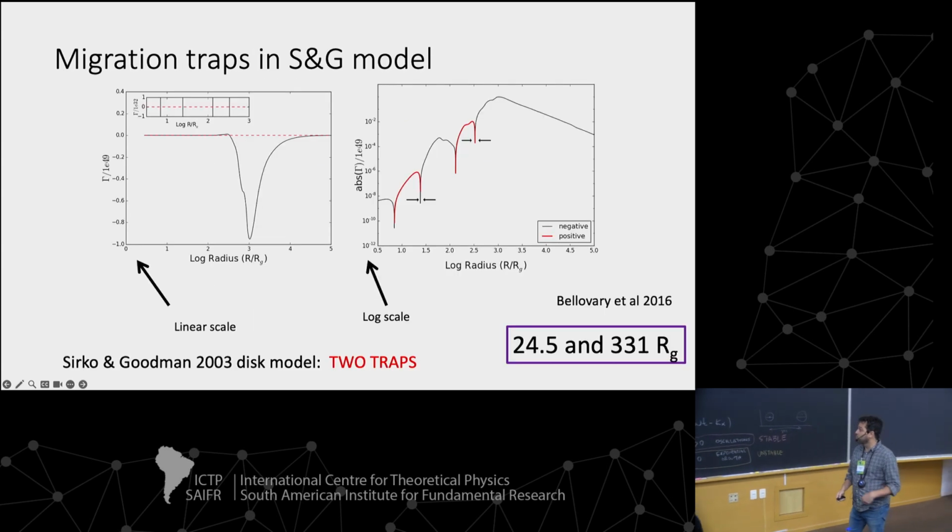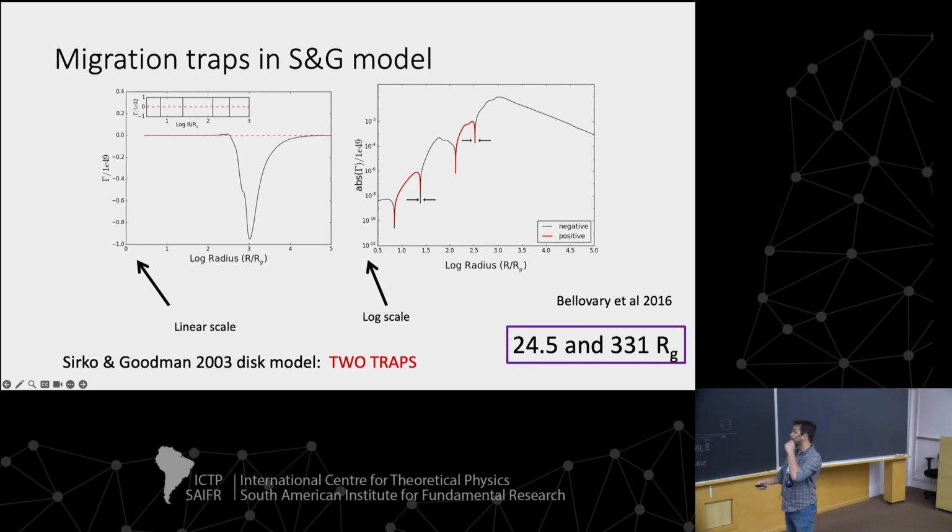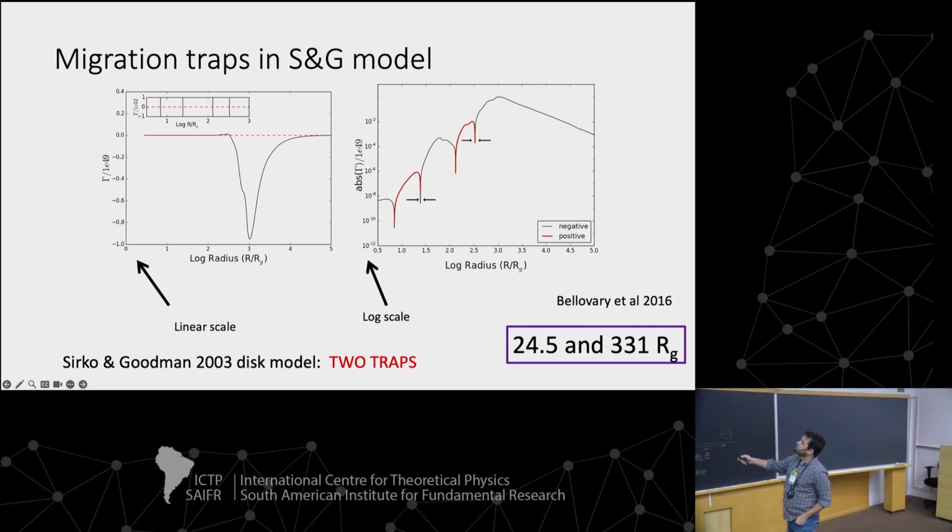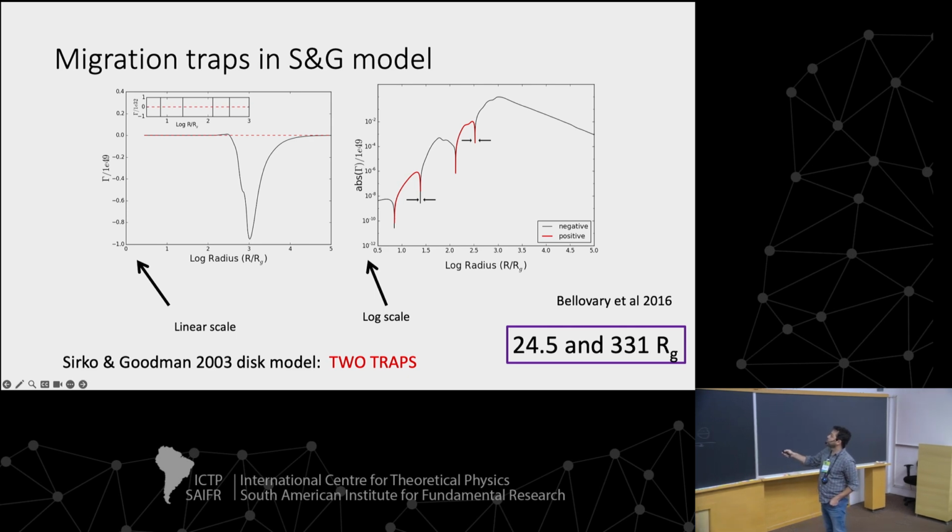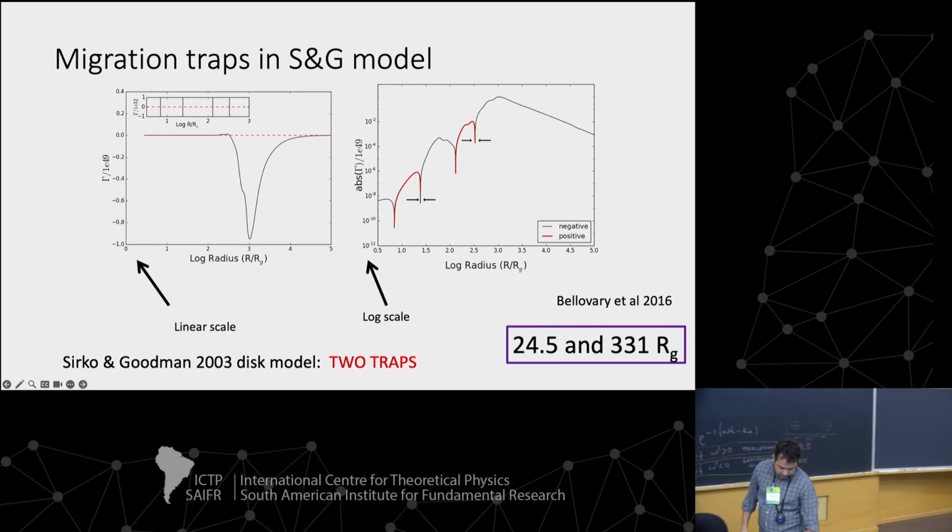Turns out that the Sirko-Goodman model has 2 migration traps. So this is here the torque in linear scale, and this is in log scale. You can see here regions where you have what I mentioned, right? A region where you have a positive torque inside and a negative torque outside. So this is a migration trap, and this is another migration trap. They are at about 25 and 300 gravitational radii in this model.